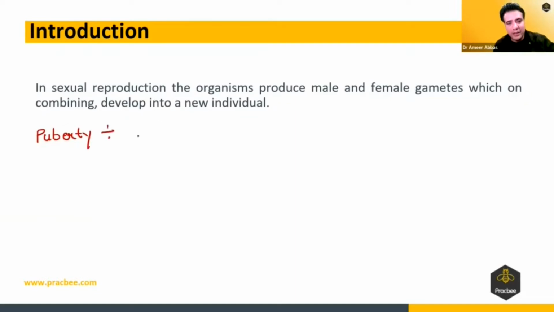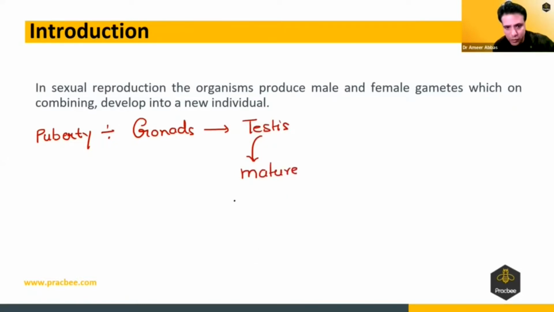What is puberty? This is the age at which the gonads become mature. They will become mature and properly behave to produce gametes as well as hormones. The main role of gonads is to produce gametes as well as hormones.